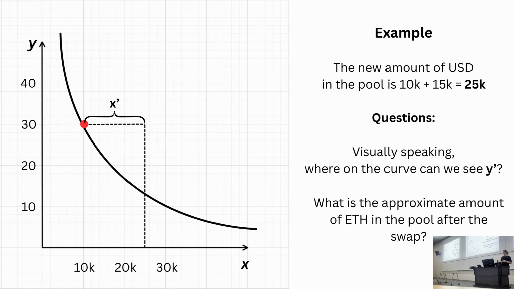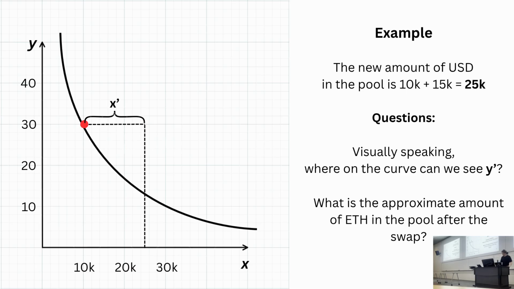My question to you right now is, given this visualization, where on the chart is Y prime? Can somebody give me the idea, based on everything we've covered so far, where Y prime is on the chart? Yeah. X prime is essentially the change in X, Y prime is the change in Y. So the distance from the top corner down to the curve.